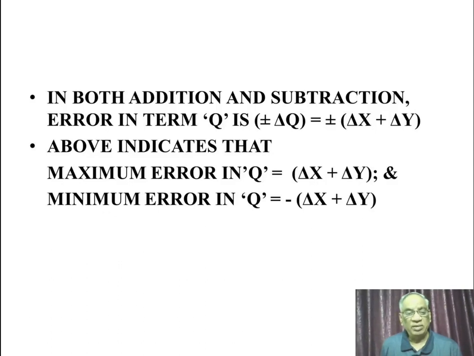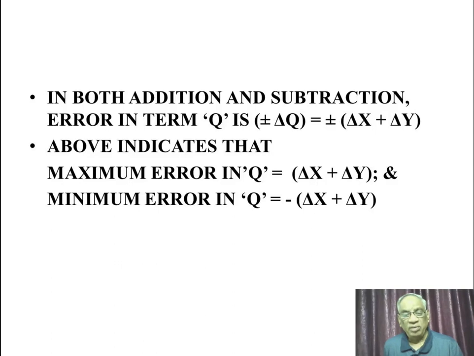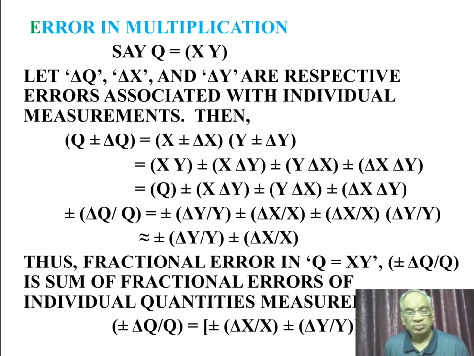The minimum error is given by the negative side, minus of the sum of the two respective errors, the negative term of plus minus delta x plus delta y. So this you have to remember. Each measurement will have a maximum error and a minimum error. q plus delta q is the maximum value, and q minus delta q is the minimum value of q with the error. That you have to remember.